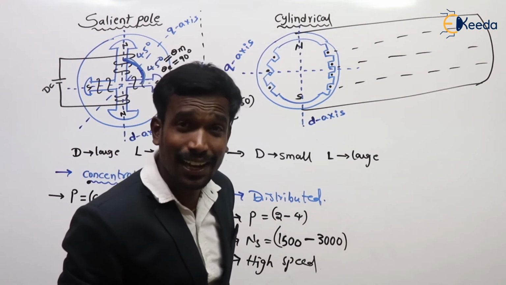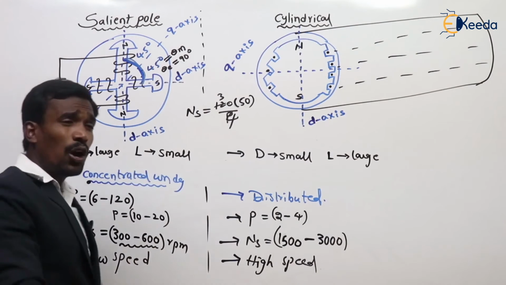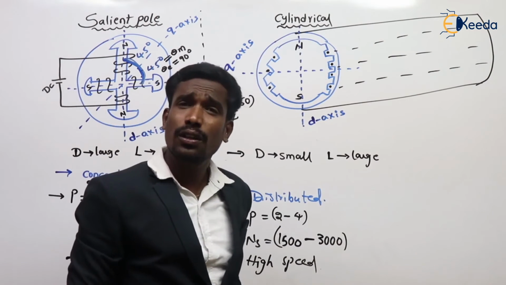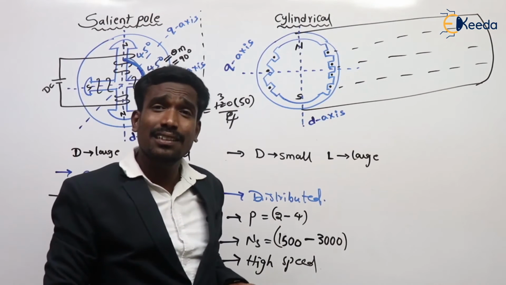Are you getting or not? Right now tell me, here axial length is more, but how much more? Here the diameter is more, how much more than length?